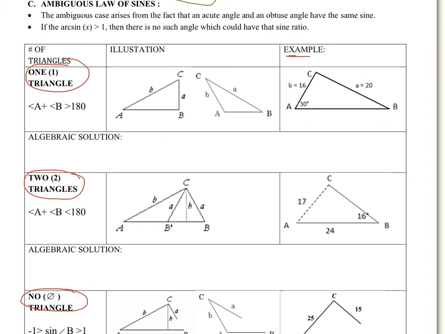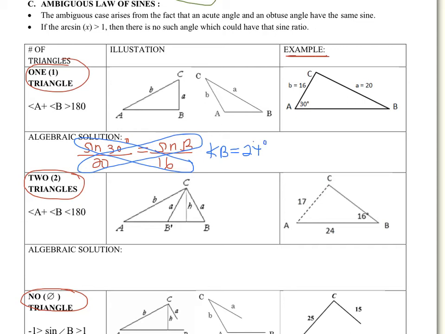Looking at the example, I'm going to start with the sine of 30 degrees over 20 equals the sine of angle B over 16. So I'm setting up the law of sines, I'm cross multiplying, and I get angle B equals 24 degrees.